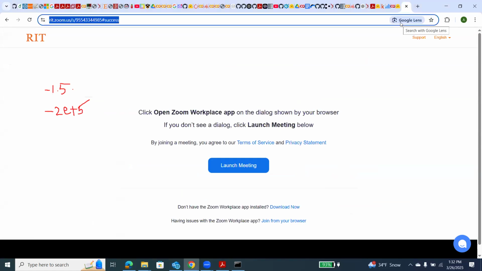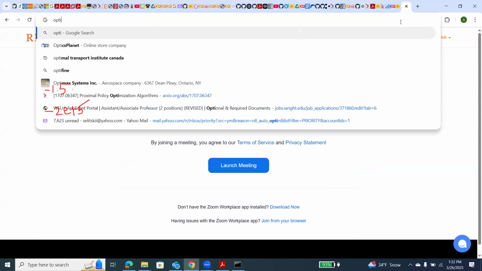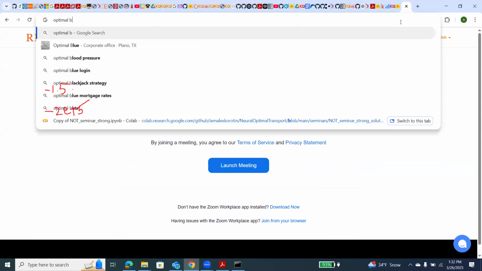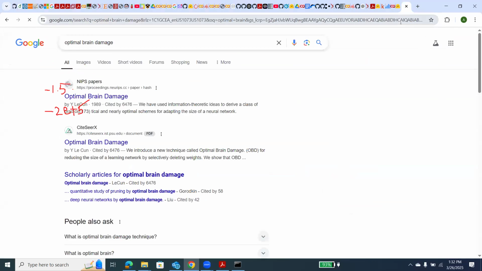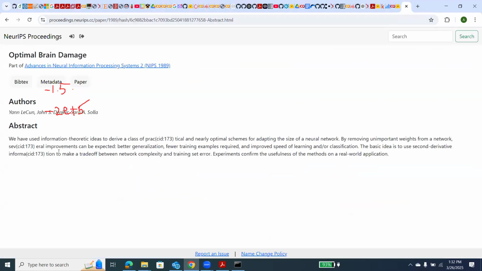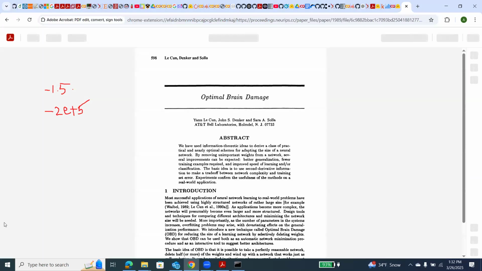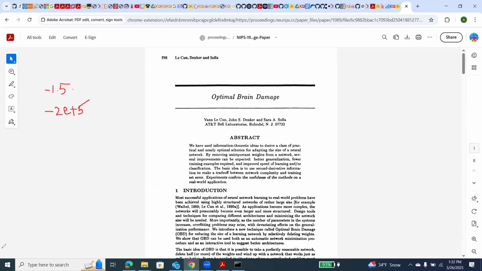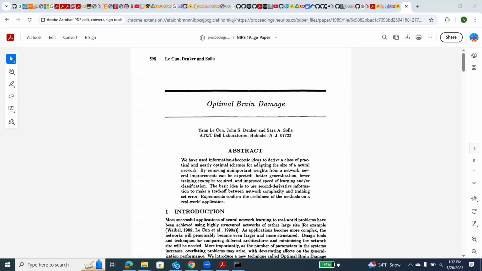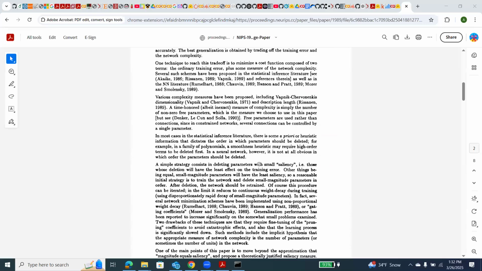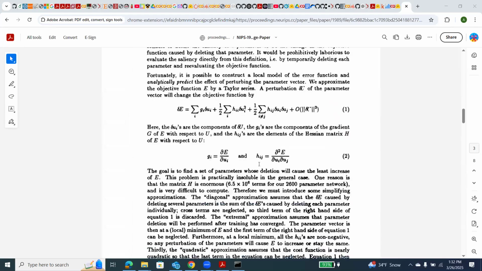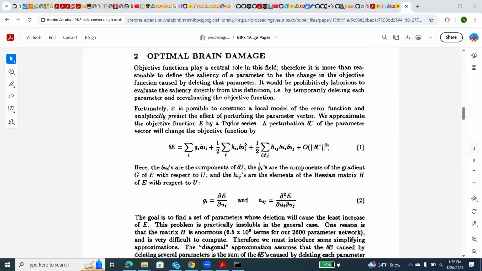Optimal brain damage. So at that time, neural networks were very small, and they could get the loss function almost to zero.